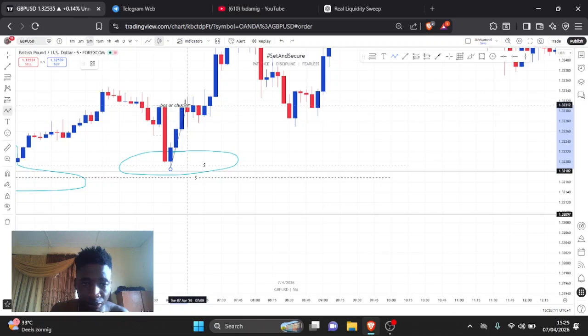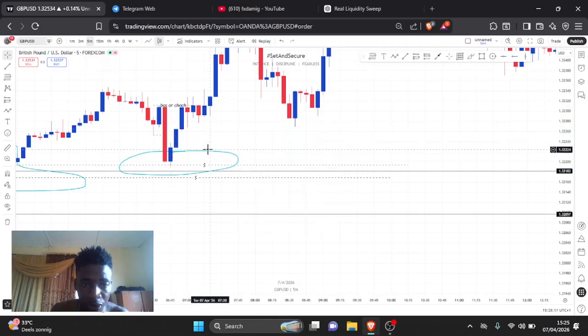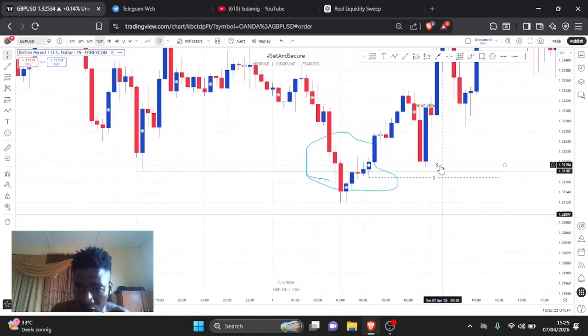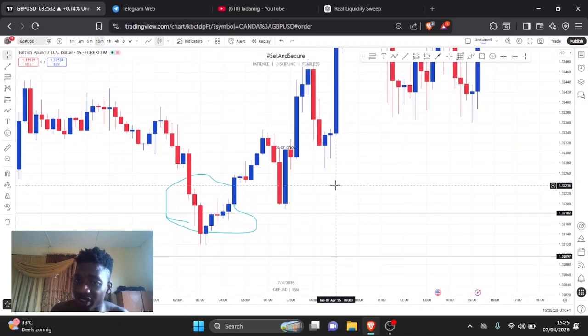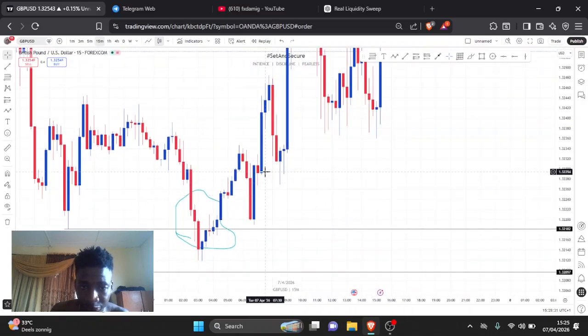So this liquidity point failed. What are we going to do again? We're going to wait. And as we wait, we had this spike, then this retracement.